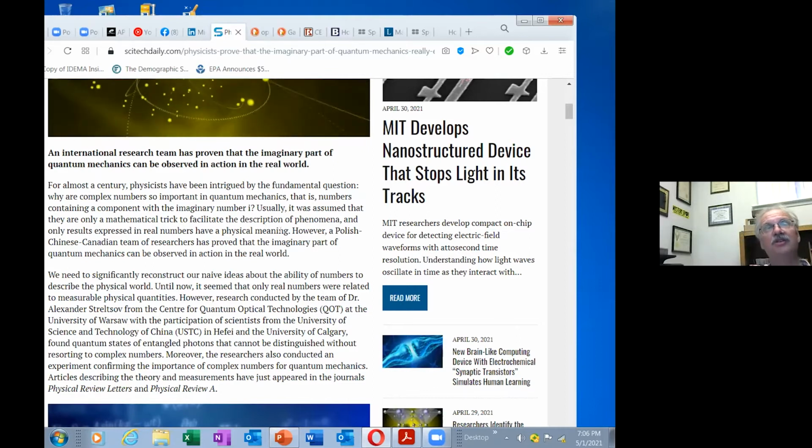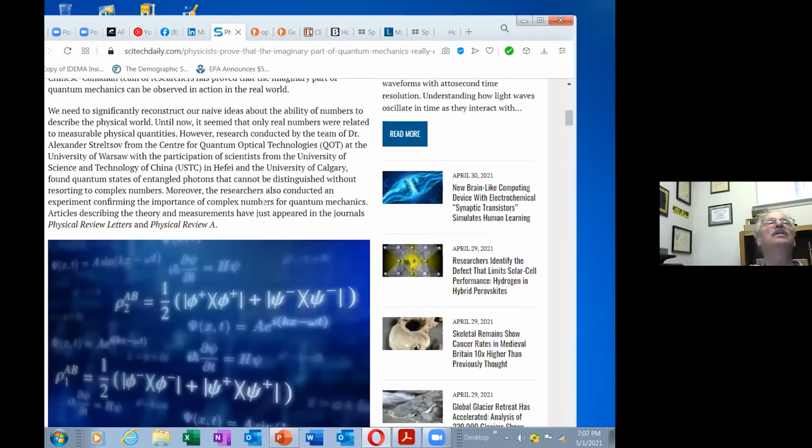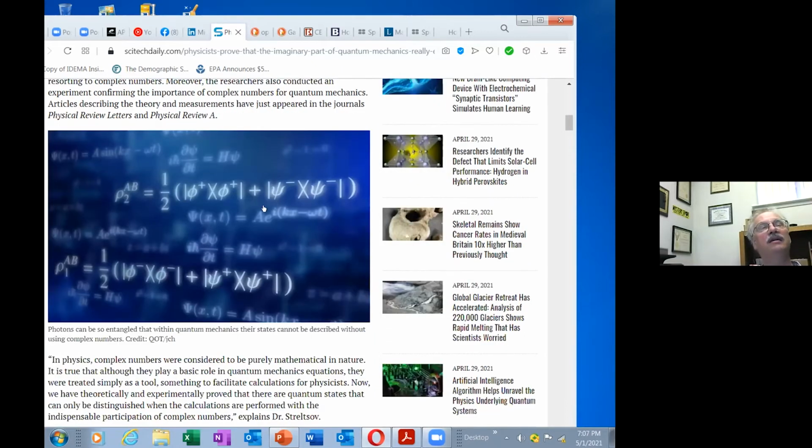Moreover, the researchers also conducted an experiment confirming the importance of complex numbers for quantum mechanics. The article describing the theory and measurements has just appeared in the journals Physical Review Letters and Physical Review A.